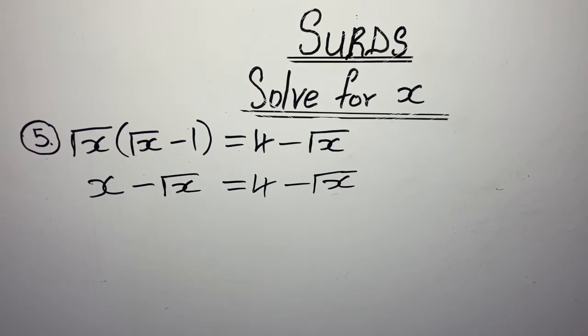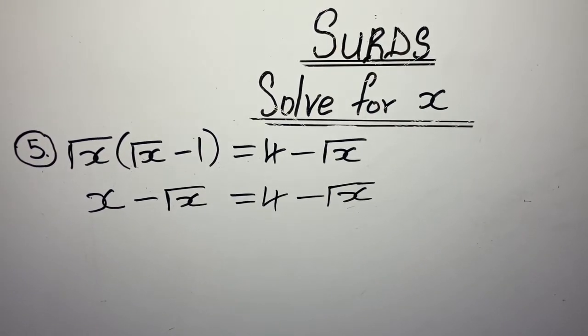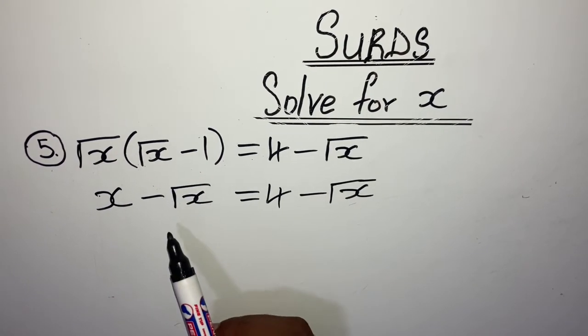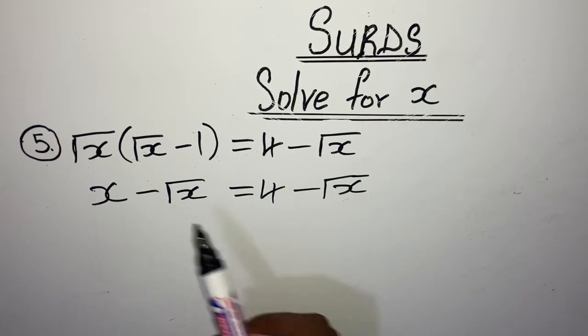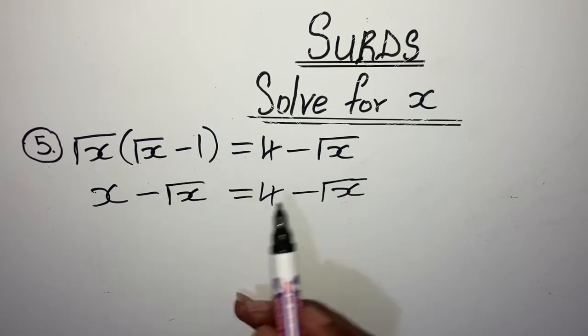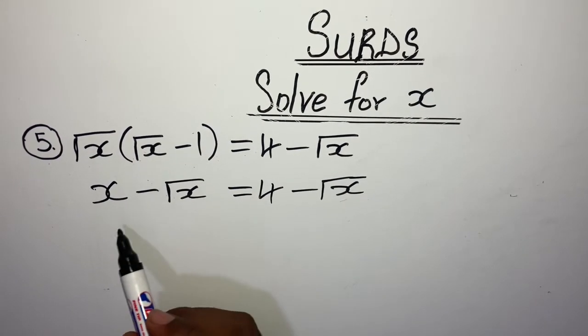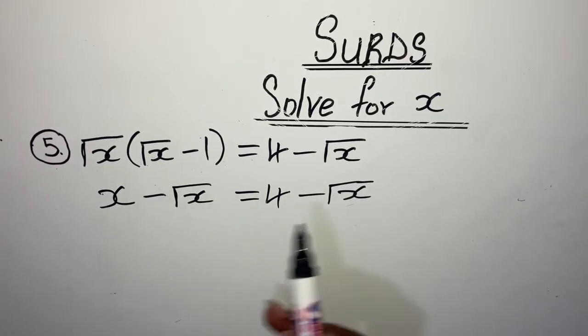Yeah, then from here, we continue to say we take our x to the other side. We can still take the root of x to the other side. You will decide. So in this instance, let's take the root of x to the other side.